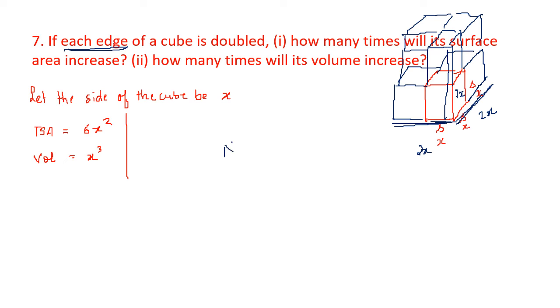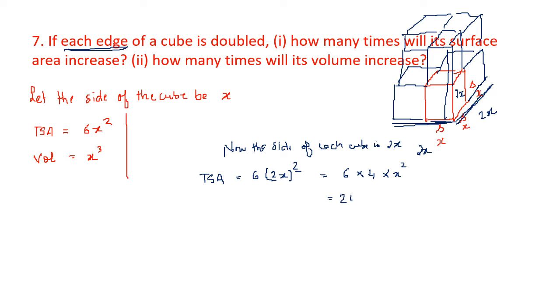So now the side of each cube is 2x. So now the total surface area of the new cube is 6 into (2x) square. So that becomes 6 into 2 square, which is 4, into x square.